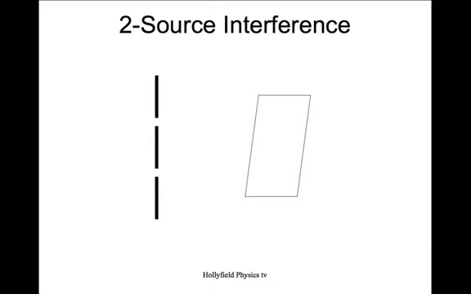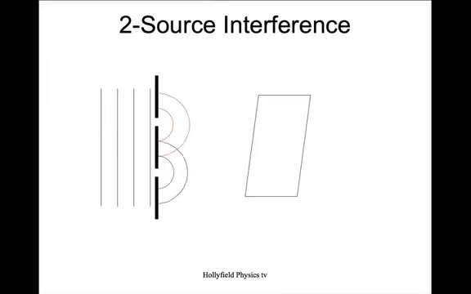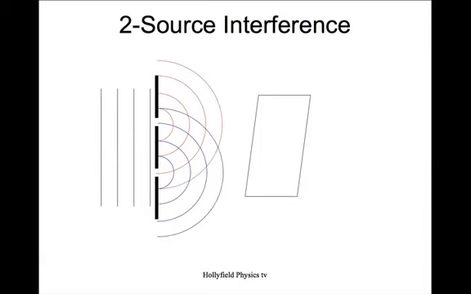We can put all these ideas together and look at the two source interference pattern. A bunch of plane waves coming up to two gaps. Because the gap is smaller than the wavelength, we're going to get circular wavefronts on the other side of the gap. As you can see. But we should also be able to see that where those dotted lines are going to be, regions where peaks are always meeting peaks and troughs are always meeting troughs.